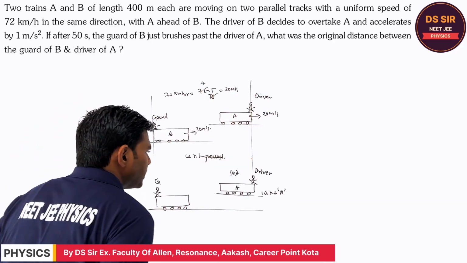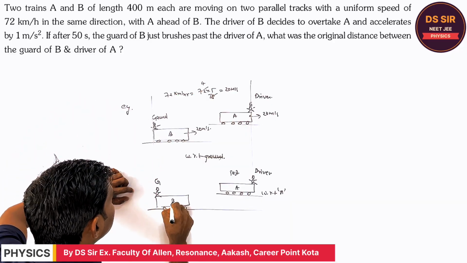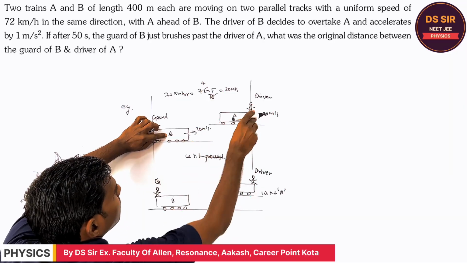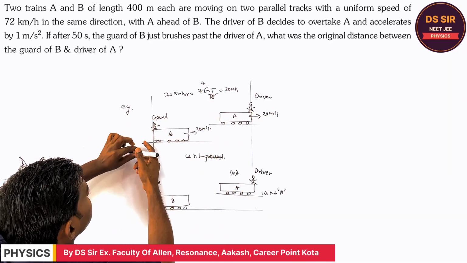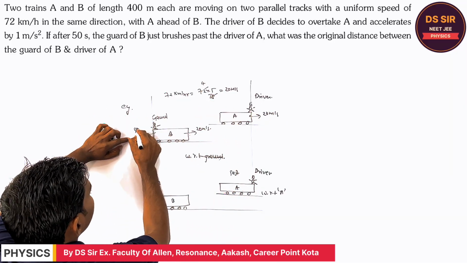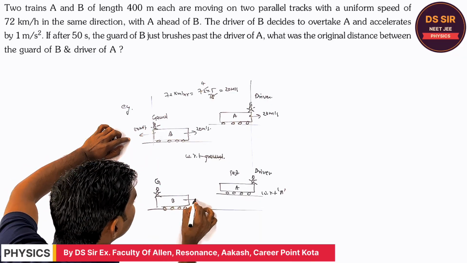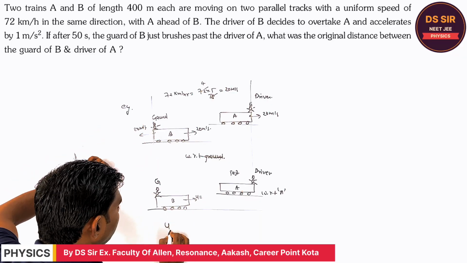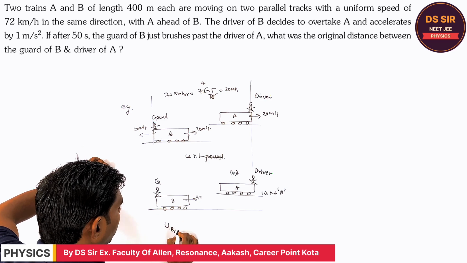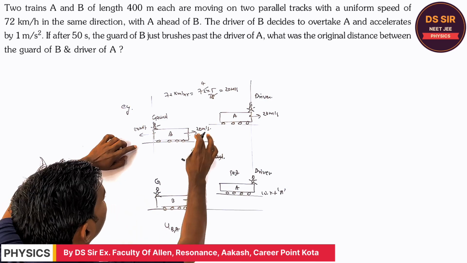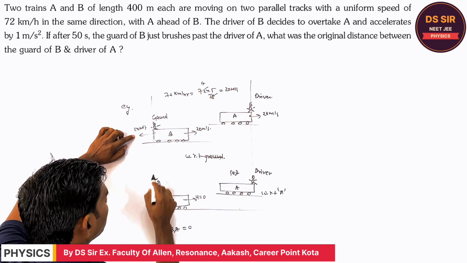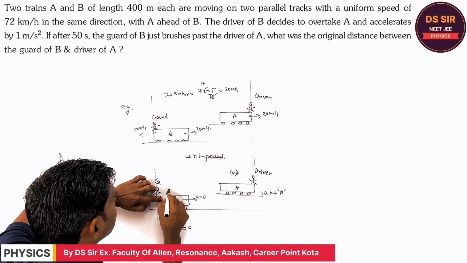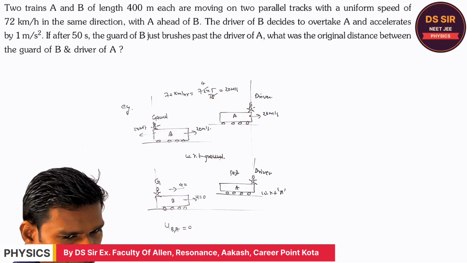And it is at rest, and therefore, what is the initial relative velocity? It is 20, and this velocity is transferred to this. So the 20 meter per second. So what is the initial velocity of the train B with respect to A? 20 minus 20 is 0. Now what is the acceleration? Its acceleration is 1 meter per second square as it accelerates. What is the acceleration? Right.